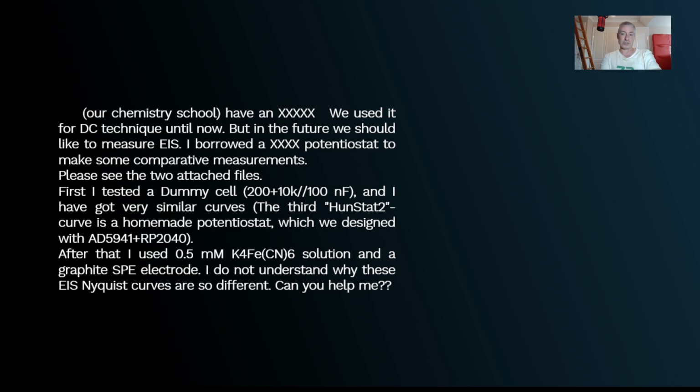A dummy cell is just resistors and capacitors, and unsurprisingly, that lends credence to their capability, as these potentiostats all act the same. But once they go to a screen printed electrode and a 0.5 millimolar ferrocyanide solution, they don't get the same data.